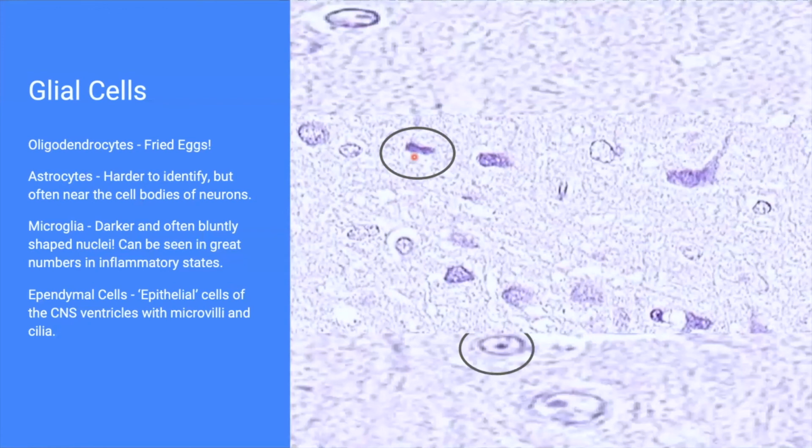And you can see a great deal of them in conditions like encephalitis or meningitis. These cells will respond to infection. They're derivatives of monocytes that are just found within the central nervous system. So microglial cells are immune cells that can increase in number in inflammatory conditions.